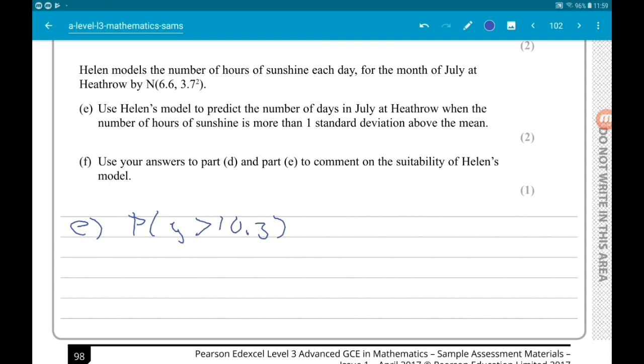For your upper, I put in 24 hours in a day. You can put in anything as long as it would be greater than 24. For sigma, put in 3.7 and mu 6.6. And that will give us, to 3 sig figs, 0.159.